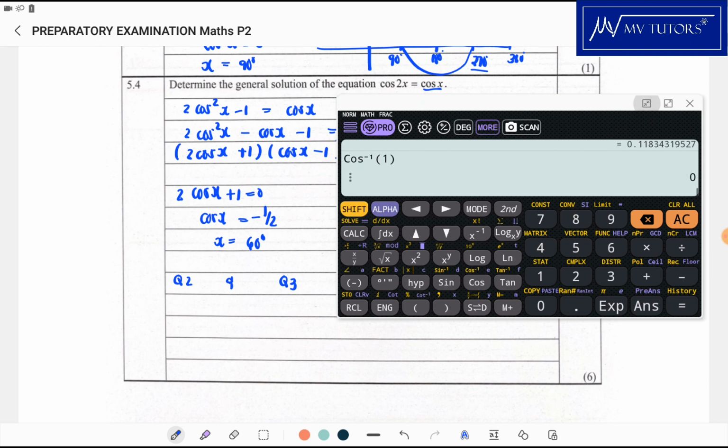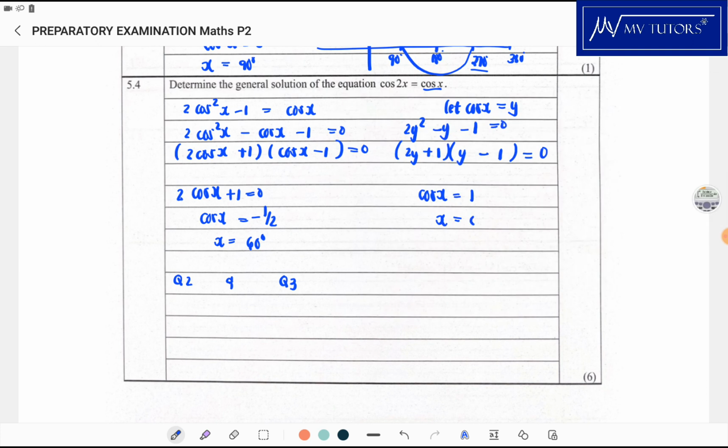No, it's just a general solution. Okay, so 0 degrees, we'll work with that, right? And we know that cos is positive on the first and the fourth quadrant.